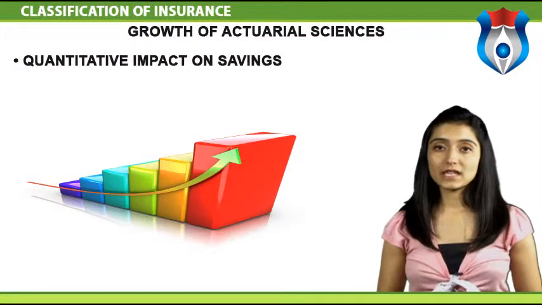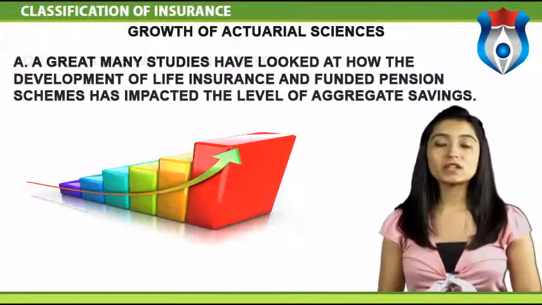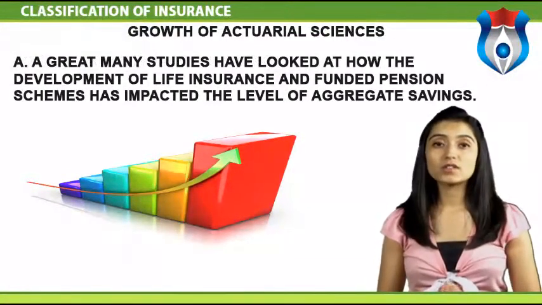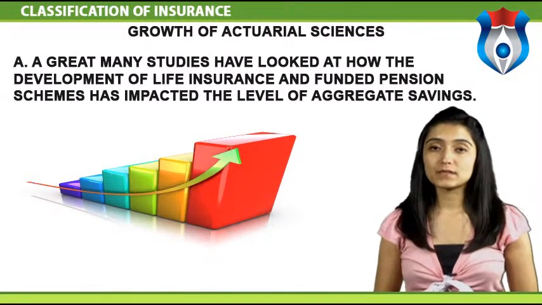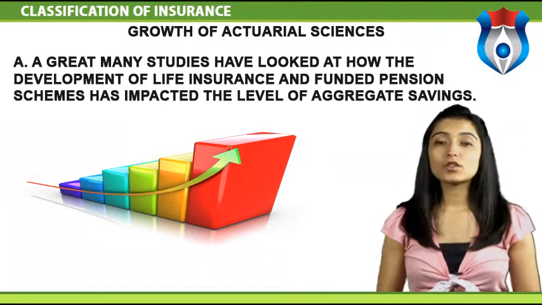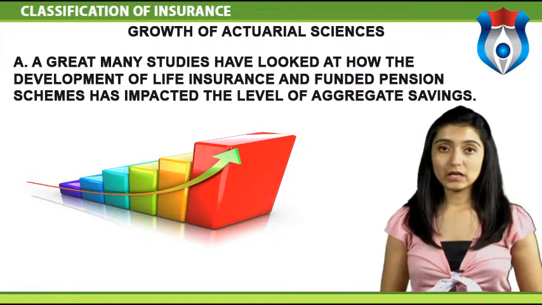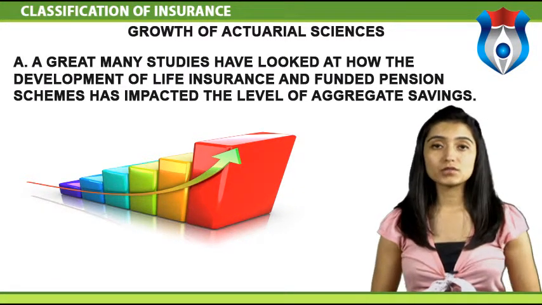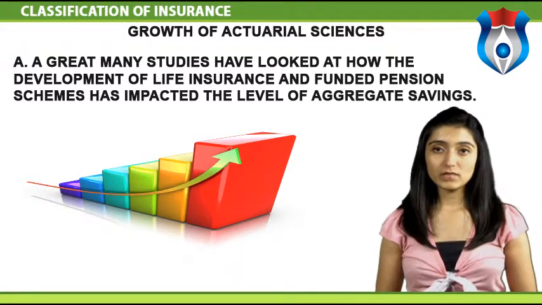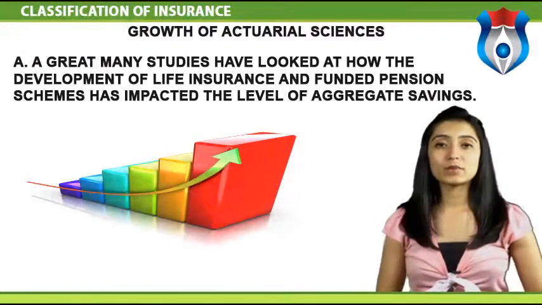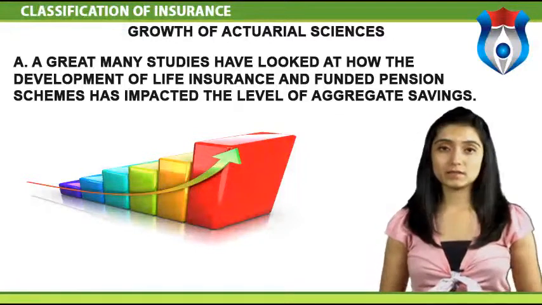Quantitative impact on savings. A great many studies have looked at how the development of life insurance and funded pension schemes has impacted the level of aggregate savings. When such schemes are instituted, they generally have a positive effect. A number of arguments have been advanced to explain this.